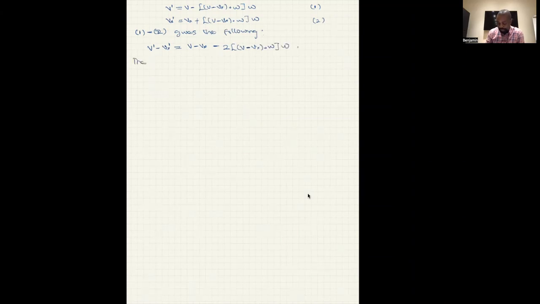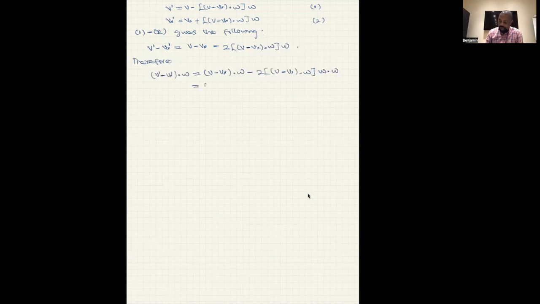Therefore, V prime minus V star prime dot omega is equal to V minus V star dot omega minus 2 V minus V star dot omega times omega dot omega.